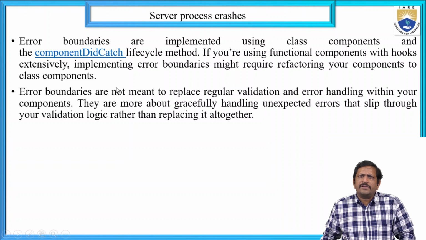Error boundaries are not meant to replace regular validation and error handling within the components. They are more about gracefully handling unexpected errors that slip through your validation logic at the server side, rather than replacing it altogether.